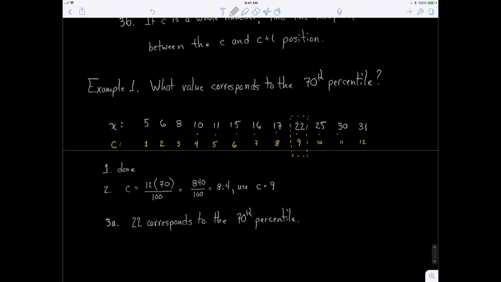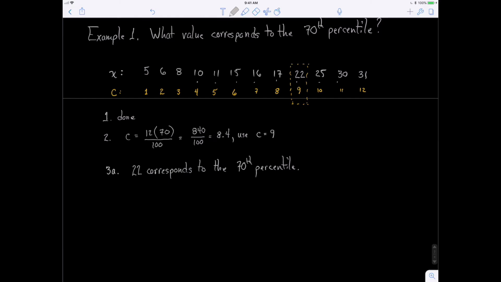Now, let's try one more. Let's try something we already know the answer to and see if this works. For example 2, let's ask what value corresponds to the 75th percentile.